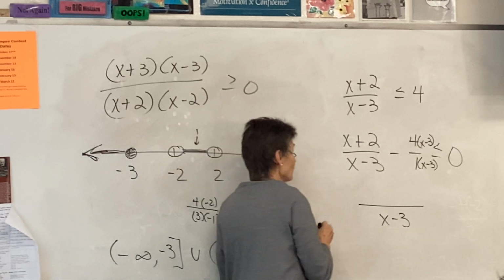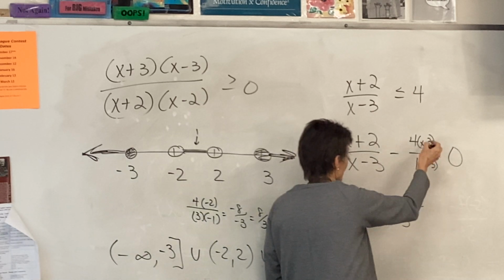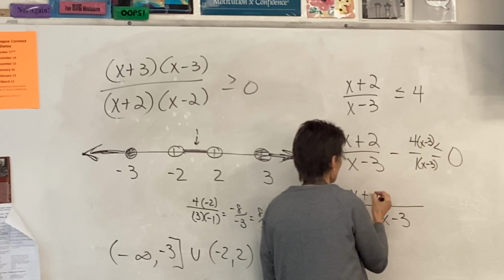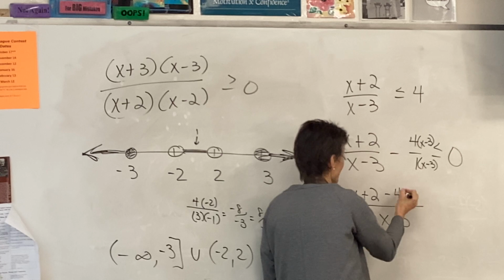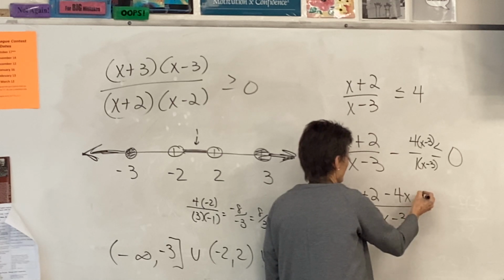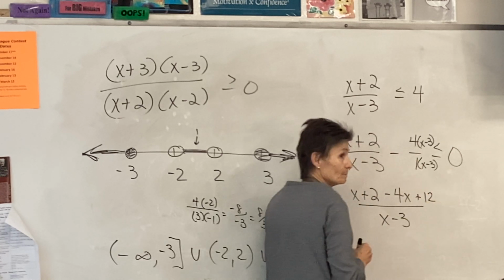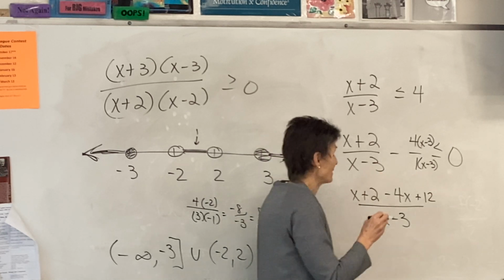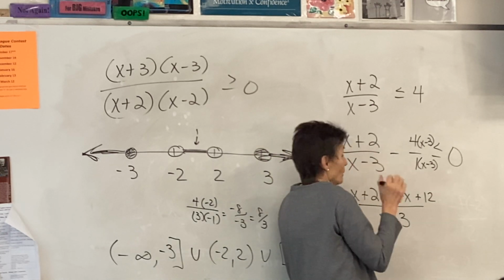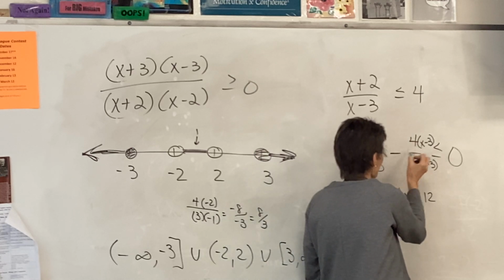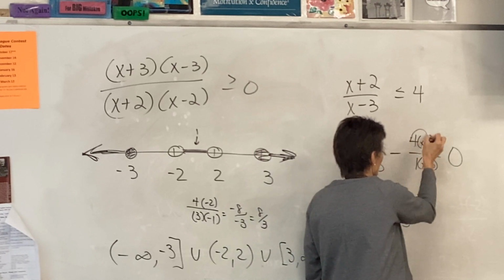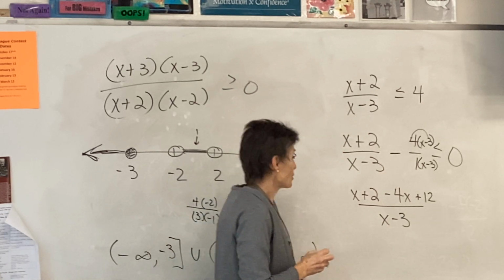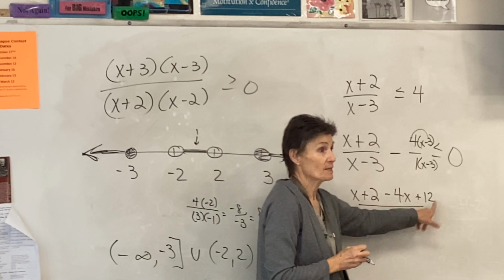So what will my numerator look like now that I put an x minus 3 up here with the 4? X plus 2 minus 4x plus 12. This is a -4, and we're timesing it by a -3, so that becomes a plus 12. Kids do it, people do it all the time.